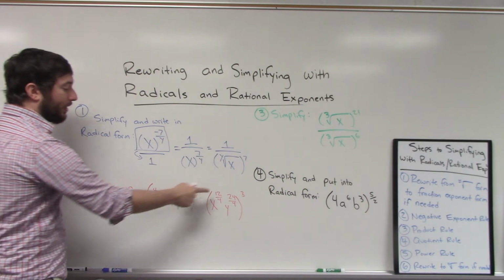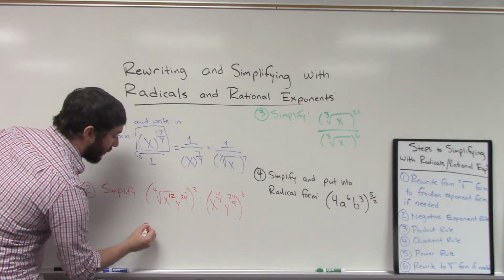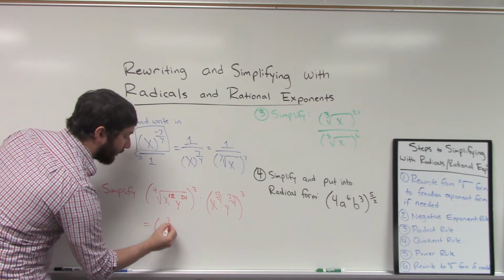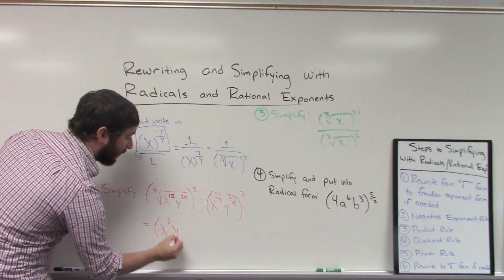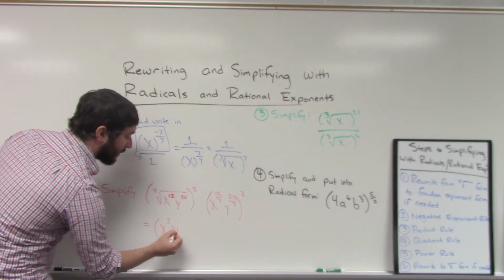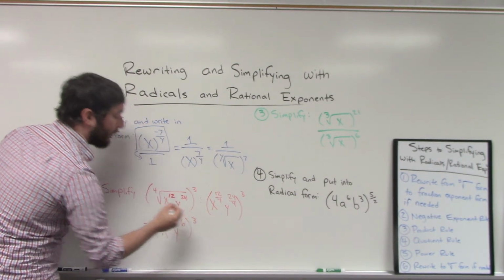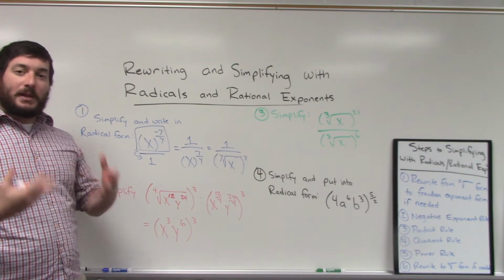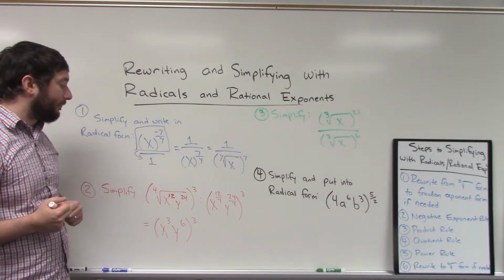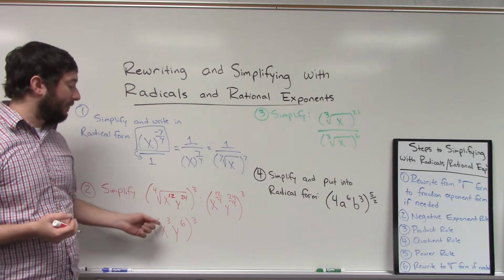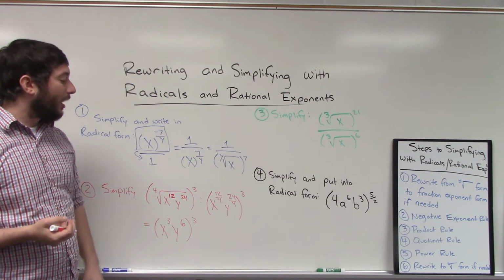Simplifying from here, we know what 12 divided by 4 is. We know what 24 divided by 4 is. Okay, 12 over 4 is 3. 24 over 4 simplifies evenly as well to a 6. So we've applied step 1. We've rewritten our problem. We came up with rational exponents, which ended up simplifying a little bit further, actually.